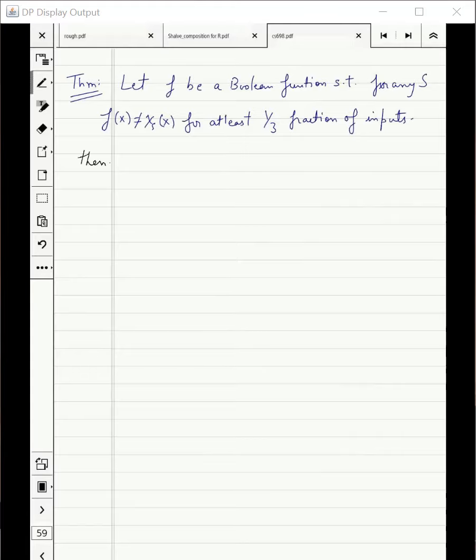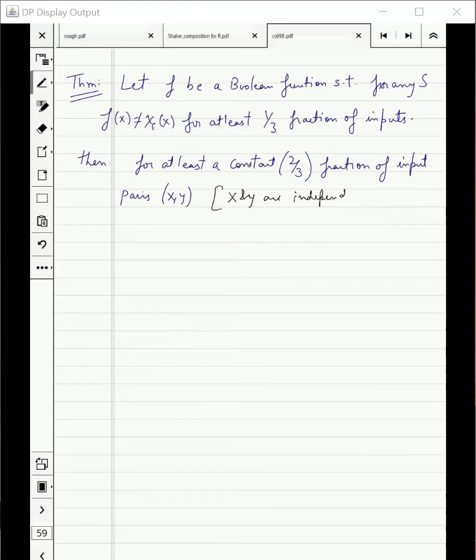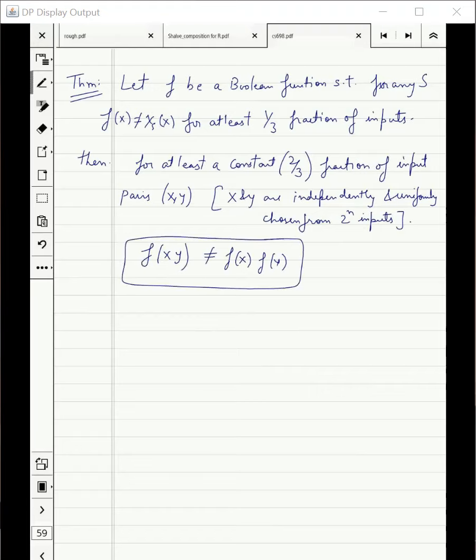Then we want to show that for at least a constant fraction, now this would be 2/3, of input pairs x comma y, where x and y are independently and randomly and uniformly chosen from 2 to the power n, then for at least a constant fraction of input pairs x comma y, f(x+y) is not equal to f(x)f(y).